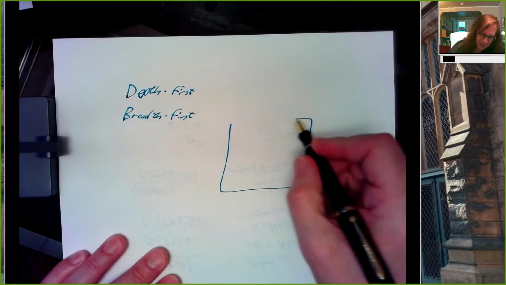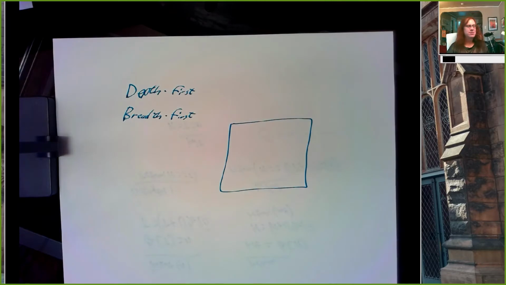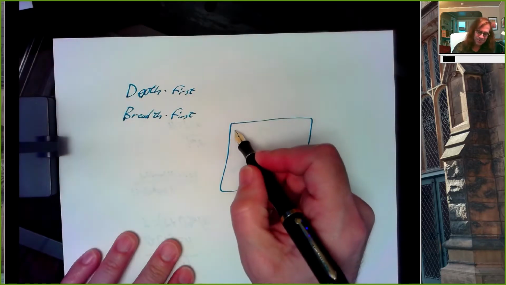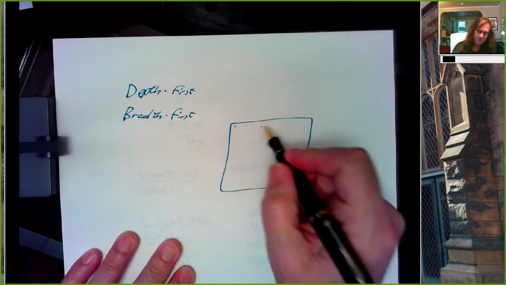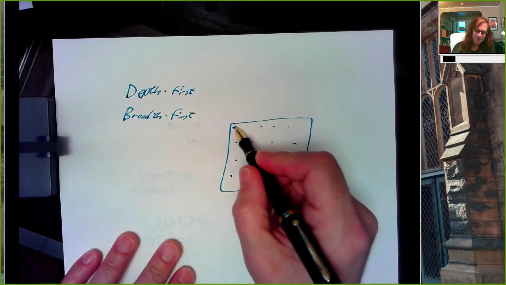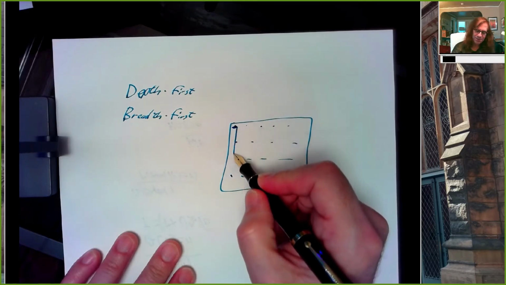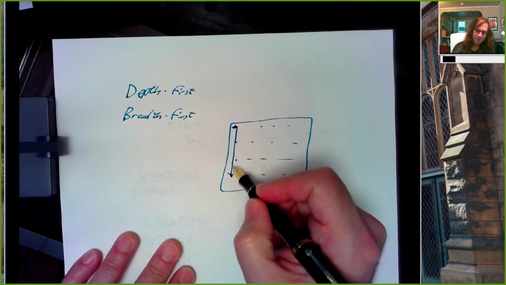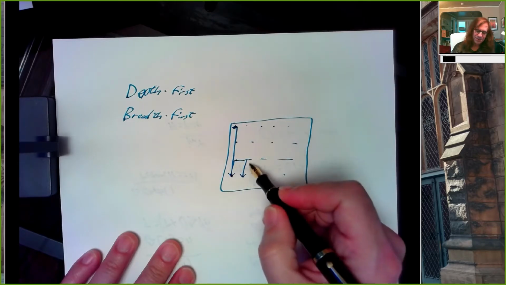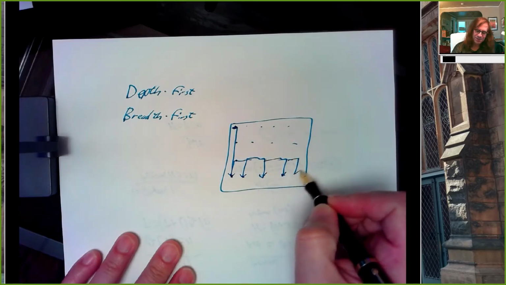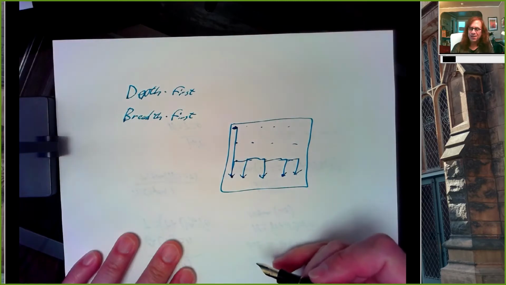So imagine you have some space that you're trying to explore, right? There's two sort of fundamental ways to do this. One is to, and imagine there's a bunch of points here that you want to visit, start here and go down as far as you can, and then come back up and go down again and come back up and go down again, and basically try to spend as much of your time as far down as possible.